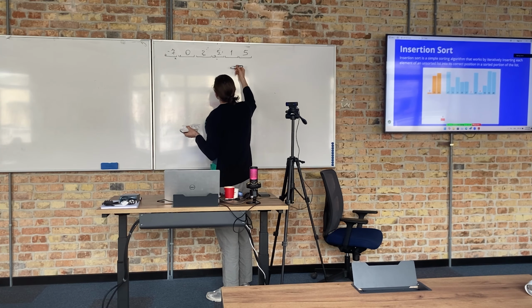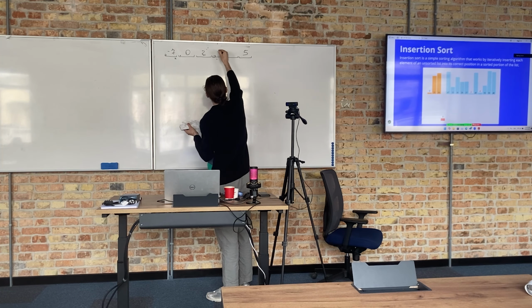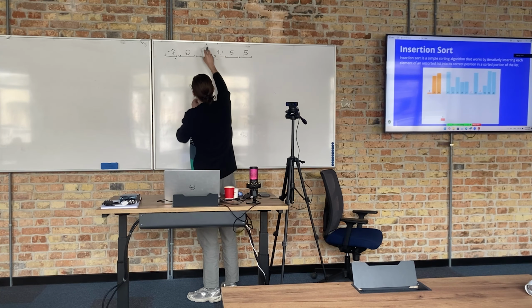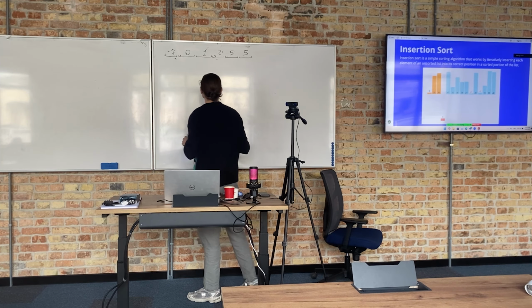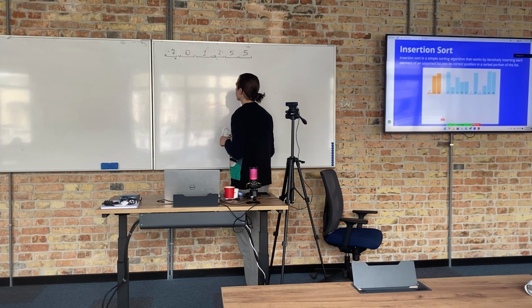We check 1 less than 5, then we swap them. 1 less than 2, we swap them. 1 bigger than 0, so we stop here. This is insertion sort.